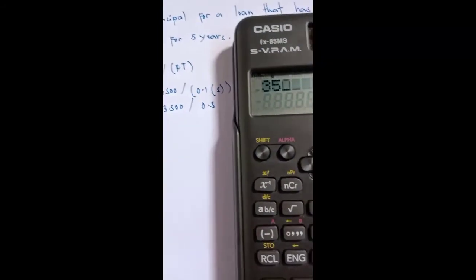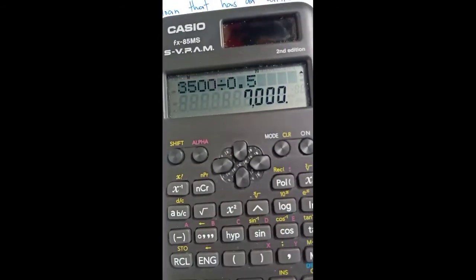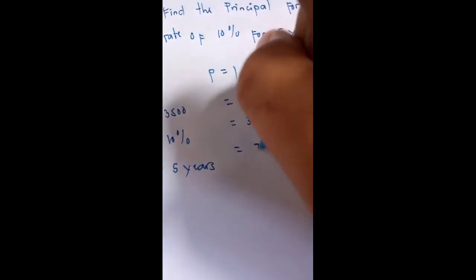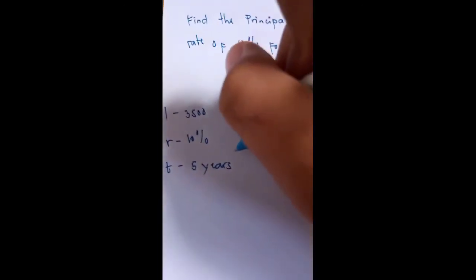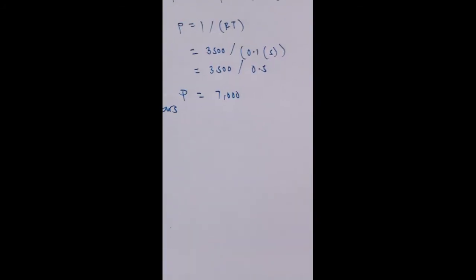And 3,500 divided by 0.5 is 7,000. And that's it. The principal will be 7,000.